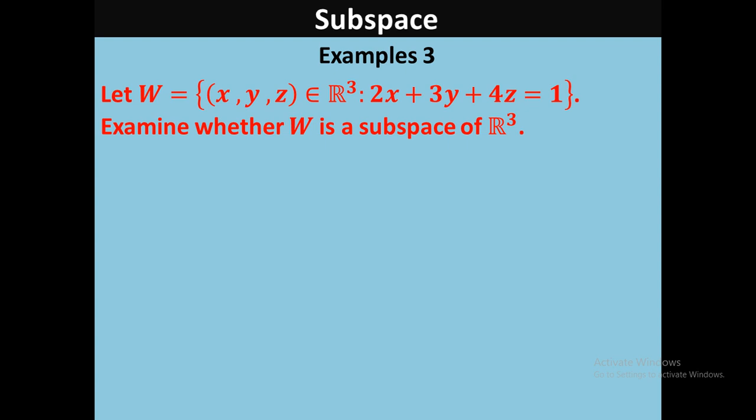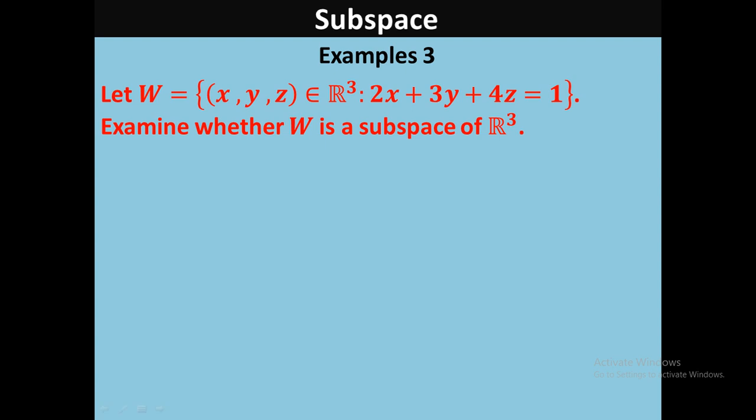And you see that here 0 0 0 is not in W, because 2.0 plus 3.0 plus 4.0, that is the left hand side, is 0 but the right hand side is 1. Therefore 0 0 0, that is theta, the null vector in R3, is not in W, because the left hand side is 0 and the right hand side is non-zero.